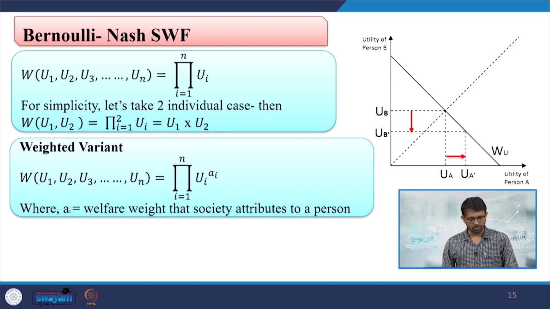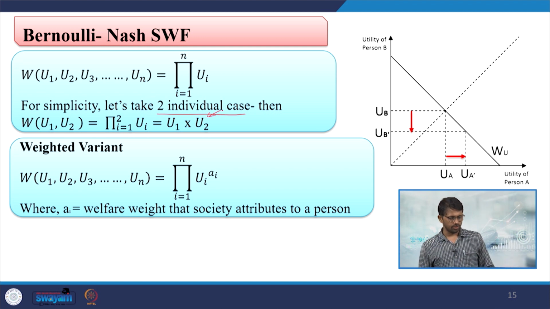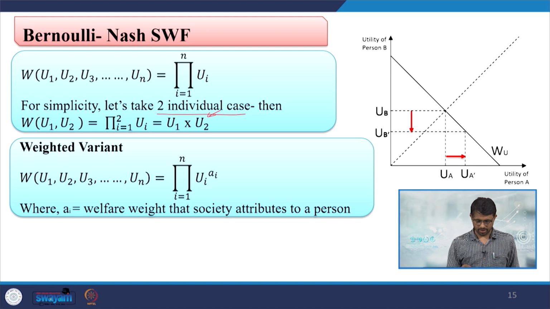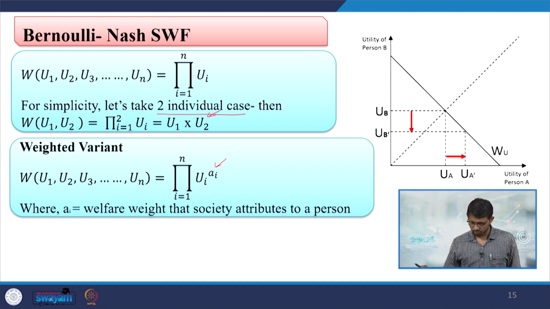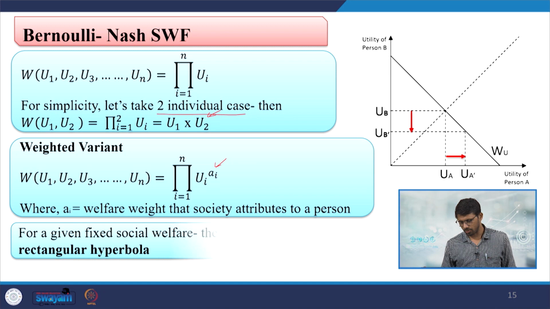Hence, the individual utilities in the two individual case are presented here as the product of each other. In case of variant weights, the respective weights are also attached, and again in this case a reduction in one's utility will be multiplied with the utility of another one.